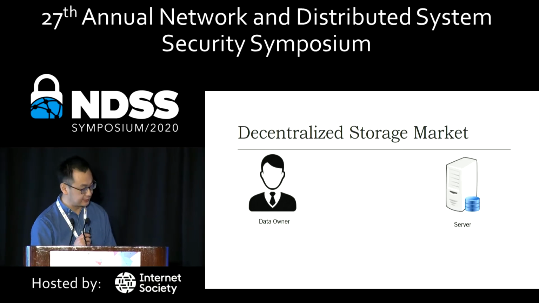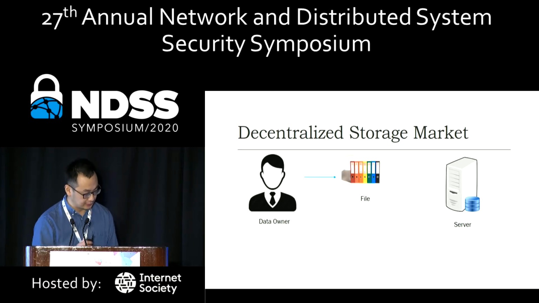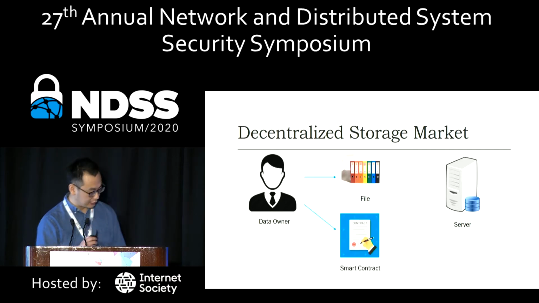To realize these interesting applications, we need a cryptographic protocol to help the data owner verify the service of the server. For example, after the data owner outsources his file on the internet, he will initiate a smart contract in the blockchain, maybe on Ethereum.